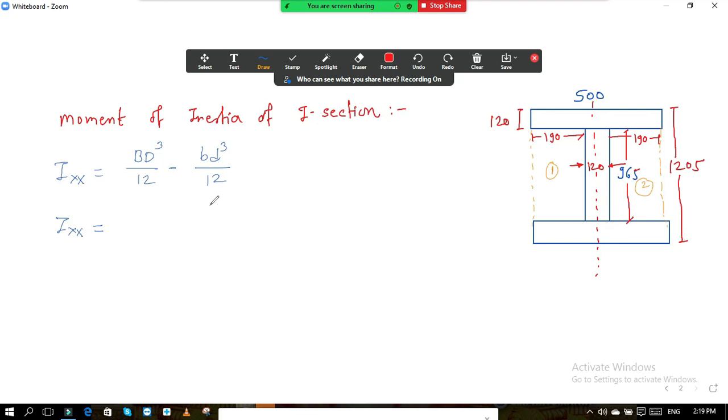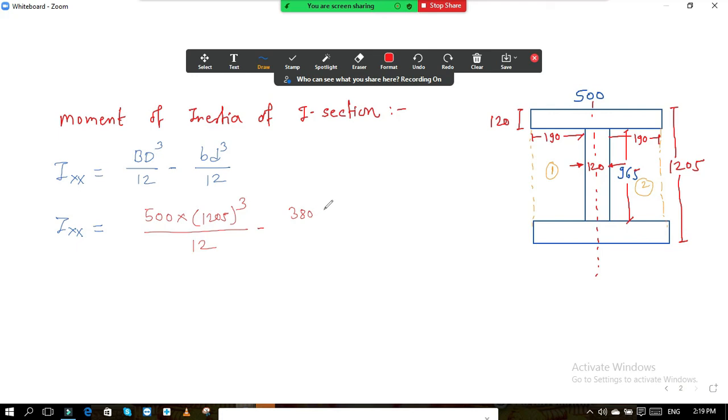Okay, so Ixx is equal to, now this you have already studied in first year itself. So I will not go into the details of moment of inertia. The total moment of inertia will be 500 into 1205 cube divided by 12 minus, here it is 190 plus 190, it is 380. Correct.